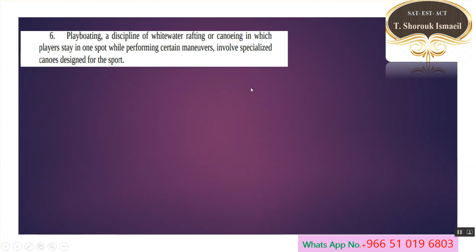Okay, let's move on. Number 6. Play boating, a discipline. I find a comma and an appositive, in which all of these players, until the comma here. All of this is a non-essential clause. I don't need it, so I cross it out. In order to find my verb, which is separated by this phrase, I don't need it.